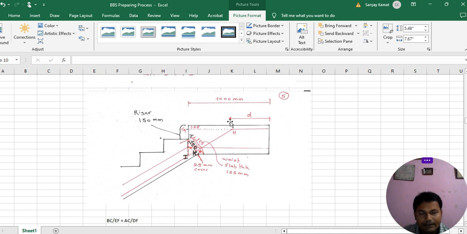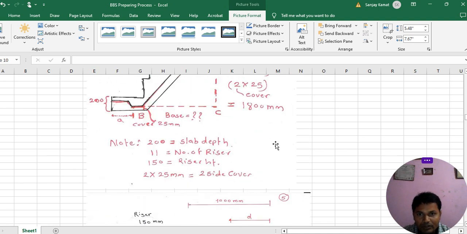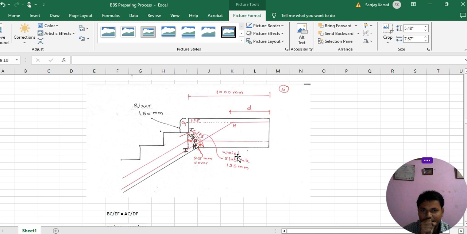Once we get this, this is the dimension, the dia of this middle part. From point H to this part, landing two position. Now we are going to calculate for BC. Where is BC? As you can see, this is the BC base, because this is unknown.